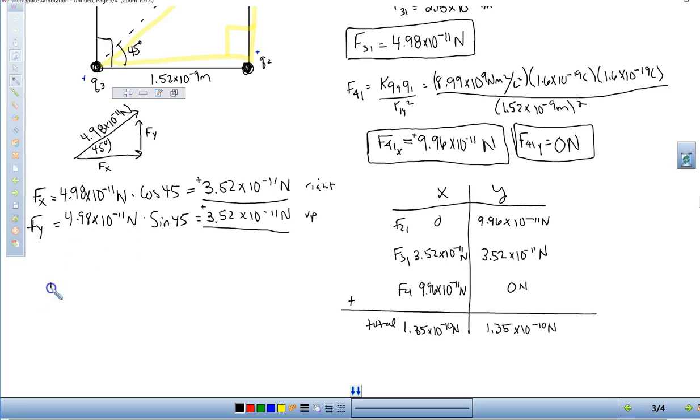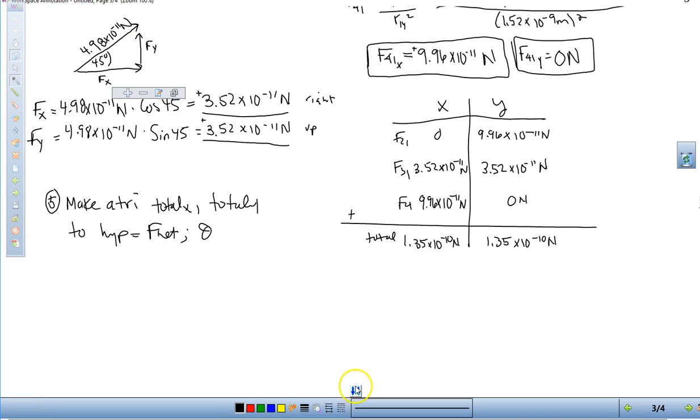So step 5 is we're going to make a triangle with our total x and total y to find the hypotenuse, which is the net force, and the angle.